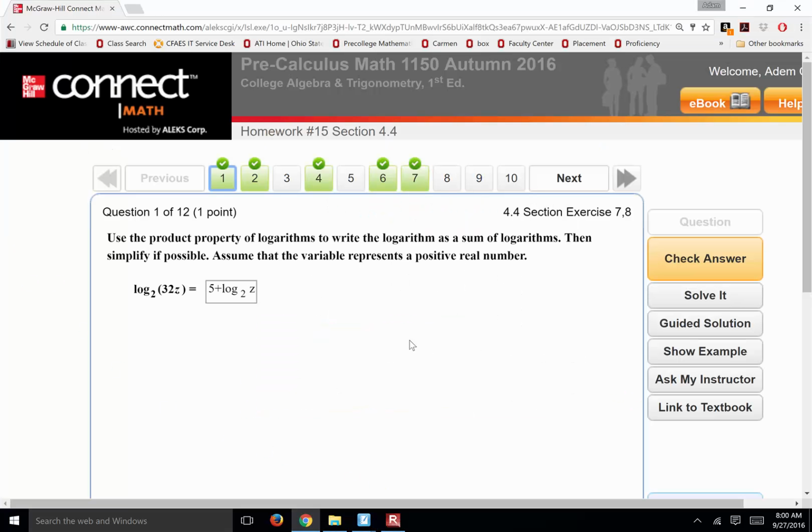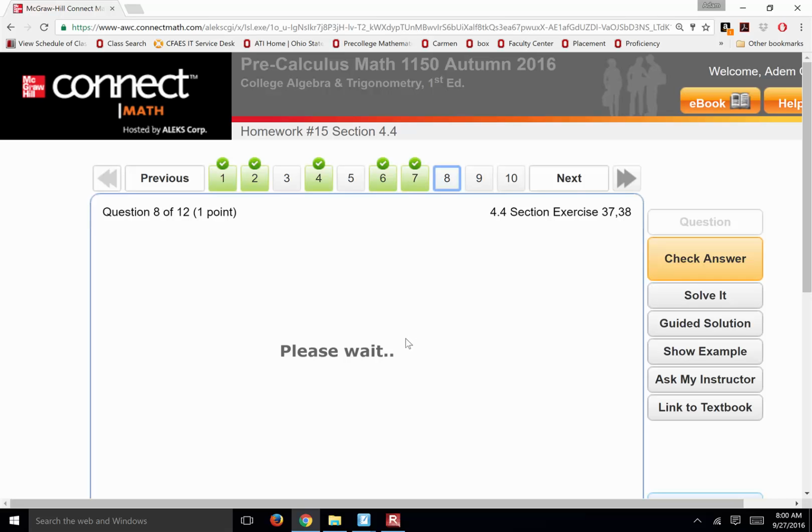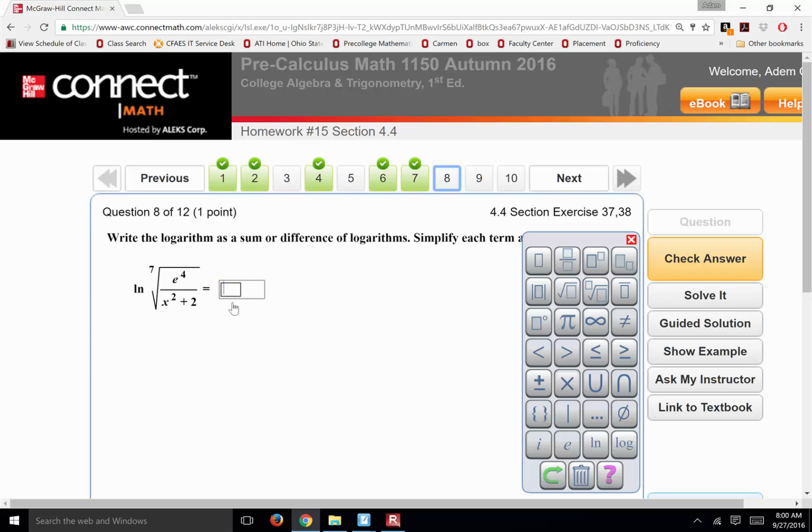Is it back on? That was 4 over 7 minus 1 over 7 ln. I wonder if it's gonna like this one without the parentheses and say it's incorrect or not. I didn't use a parentheses.